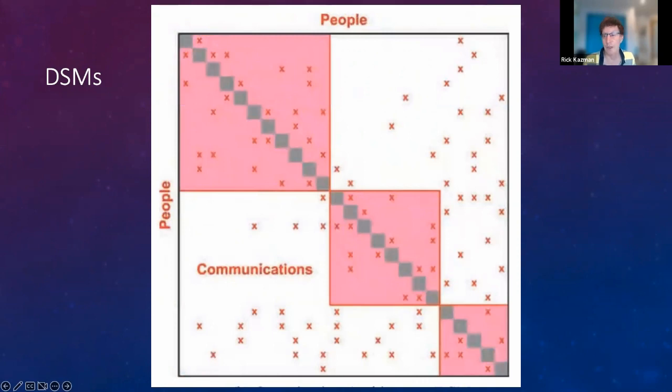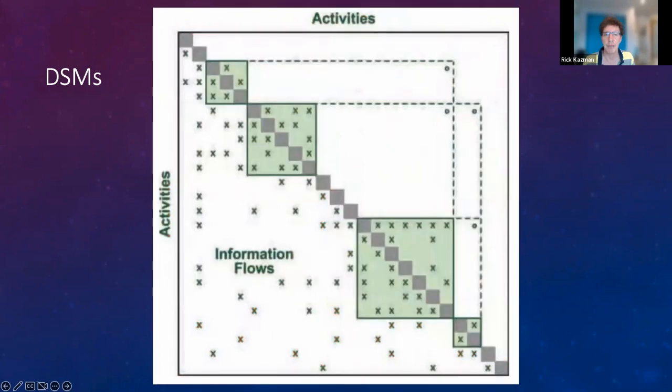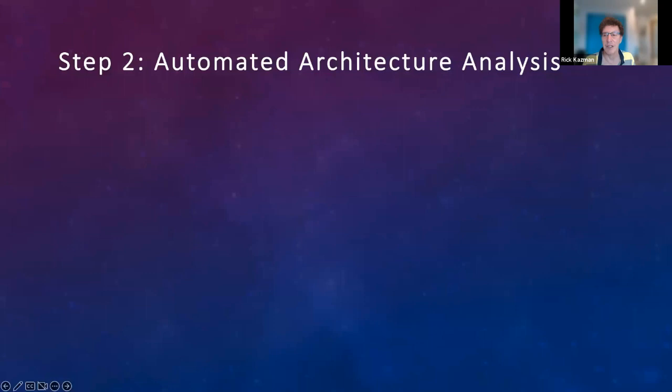So sometimes it's used to look at communication between people, or to look at information flows in complex enterprise architectures. We're using it, as I said, to look at software dependencies between classes or files in software.